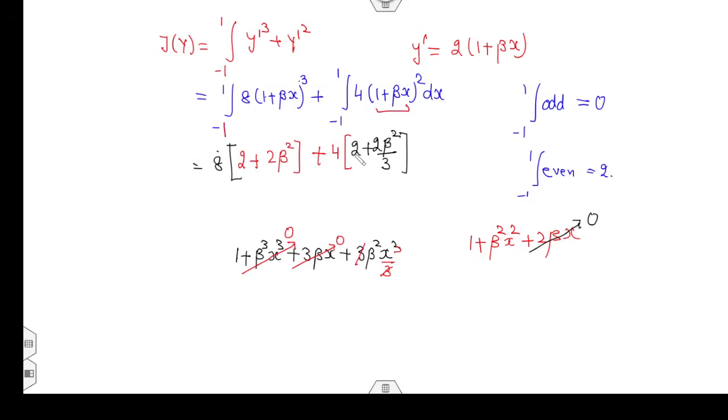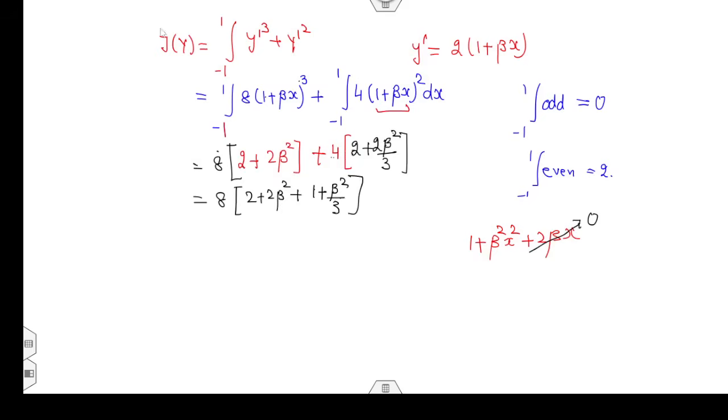So you can take 2 common, 8 outside: 2 plus 2 beta square plus 4 times (1 plus beta square over 3). So that number will give you the answer 24 plus 16 beta square plus 8 beta square over 3. Is it okay?